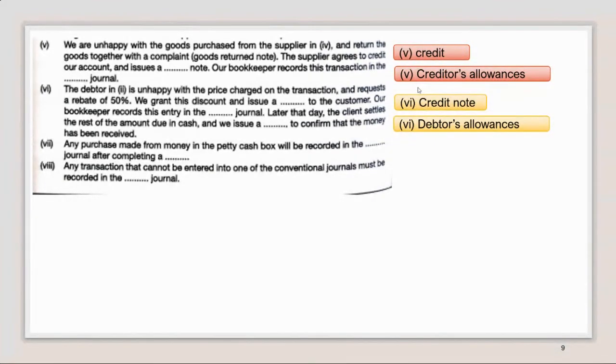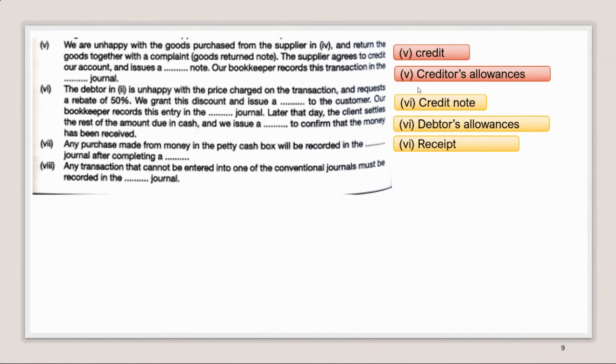So we would have given them the credit note to show the discount. They've already received the invoice previously. So if they pay us, we would actually give them a receipt as opposed to the invoice. The invoice is where the transaction and the payment happen at exactly the same time.